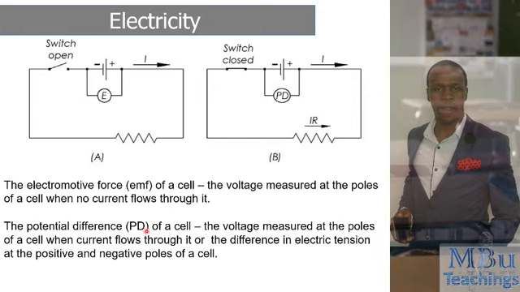The potential difference of a cell is the voltage measured at the poles of a cell when current flows through it, or the difference in electric tension at the positive and negative pole of a cell. So that's what is called the potential difference.